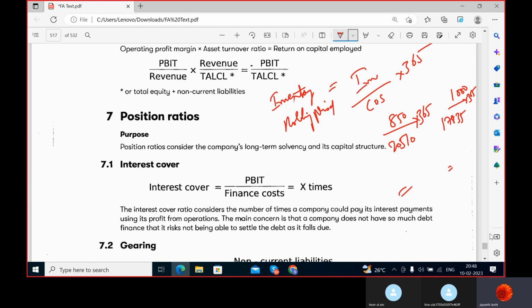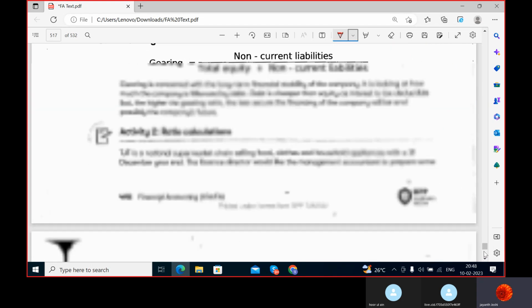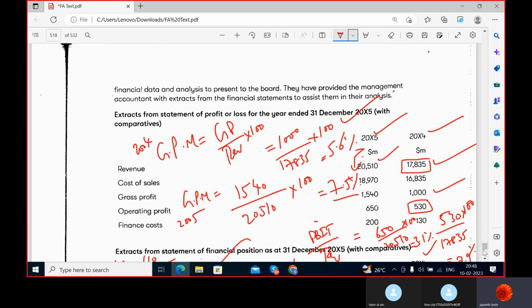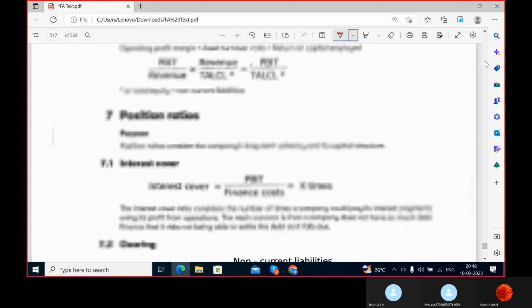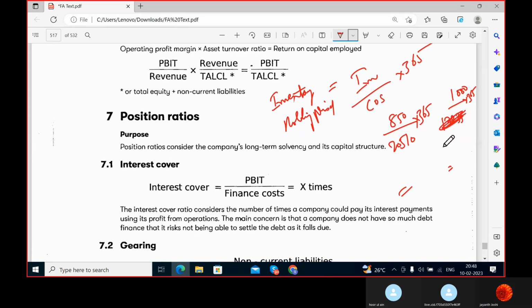Cost of sales, did I write the wrong thing there? I read revenue. I wrote revenue. Sorry, I'm extremely sorry. It's 16,835 and 18,970. You should have told me. Sorry, I was writing revenue. It's cost of sales.